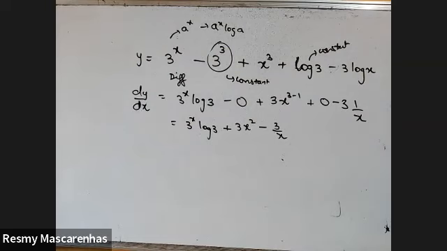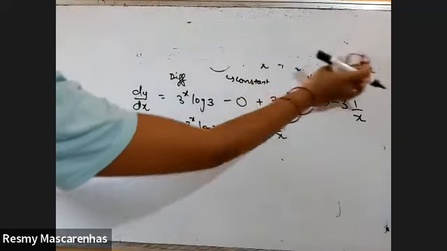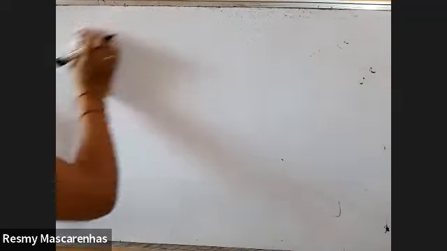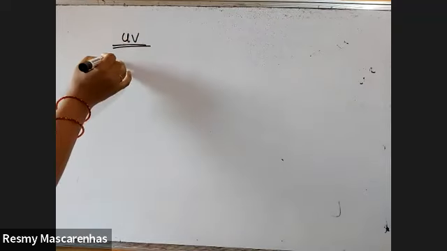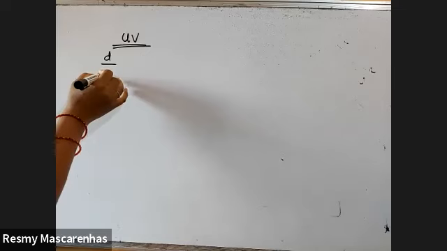Now, the next step will be u into v. Suppose there's a multiplication sign. What does the derivative of u into v mean?